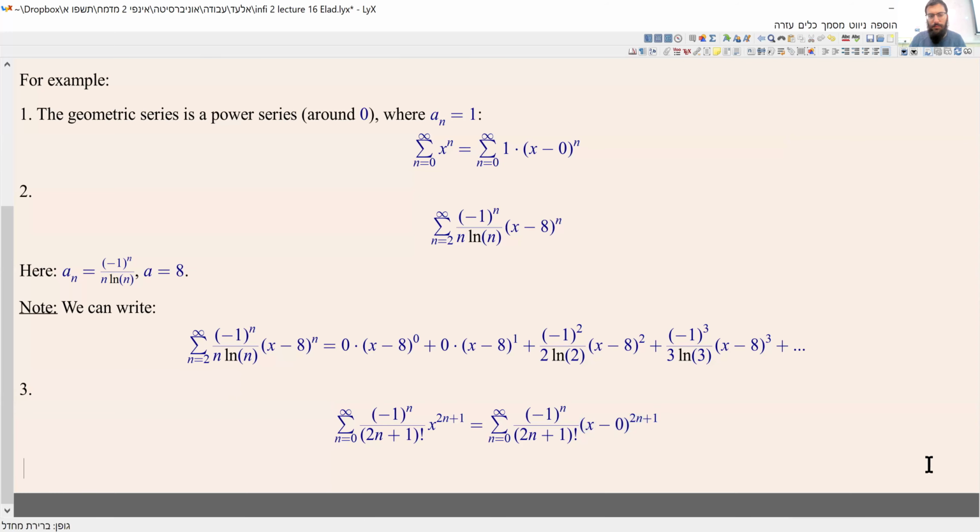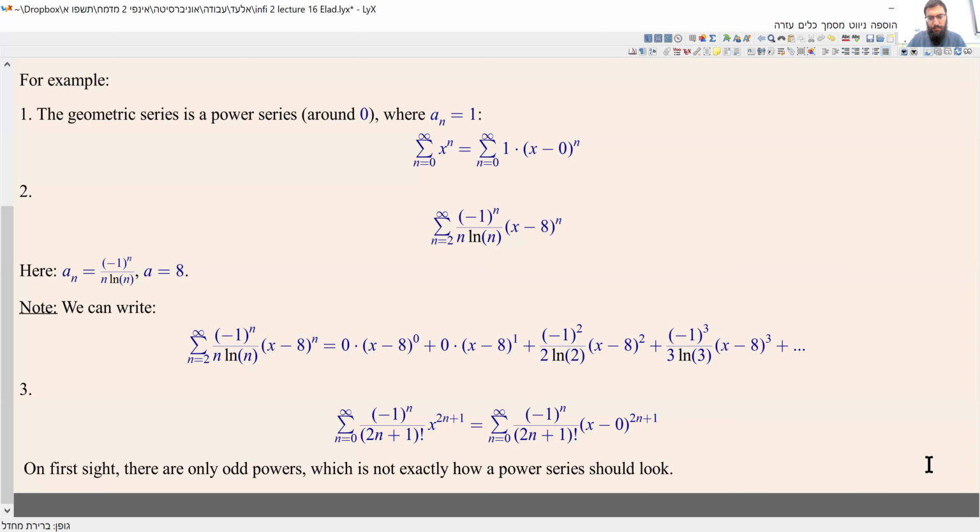On first sight, there are only odd powers, which is not exactly how a power series should look, just like in example number 2, but we know better.